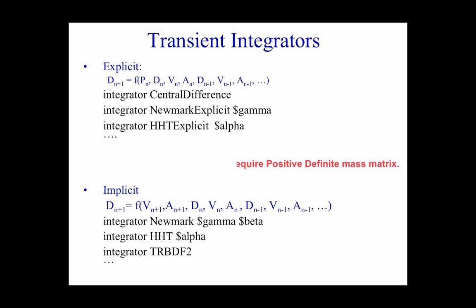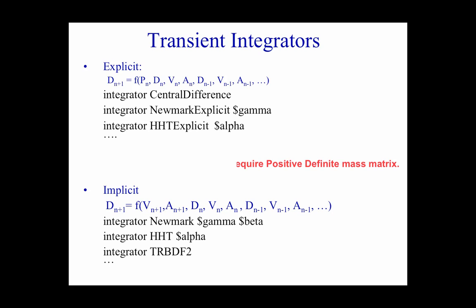And in the absence of damping, all these require a positive definite stiffness matrix. The mass matrix for our structures, typically from the structural engineers, will leave out the rotational masses. The implicit methods don't care if those rotational masses are there or not. But if we're using one of these explicit methods, we have to put in something for those rotational masses, because all these methods require Ax equals b to be solved, and the A in all those methods is just the mass matrix.